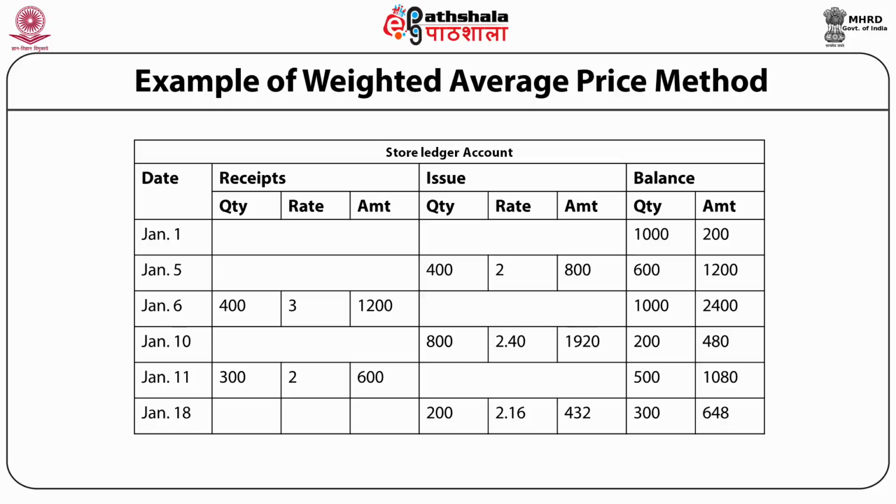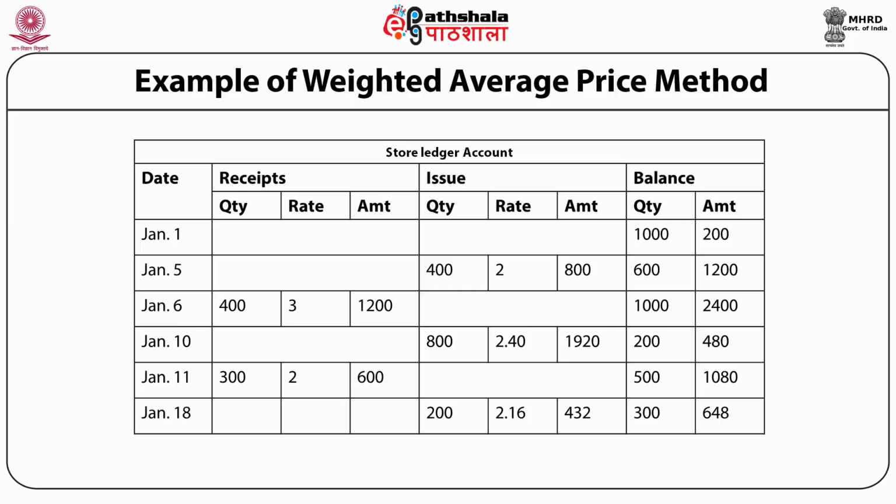In this method, the purchases lose their identity and are put into a common bin. So the number of units are added, 600 plus 400 is equal to 1000, and the cost becomes 1200 plus 1200, 2400.